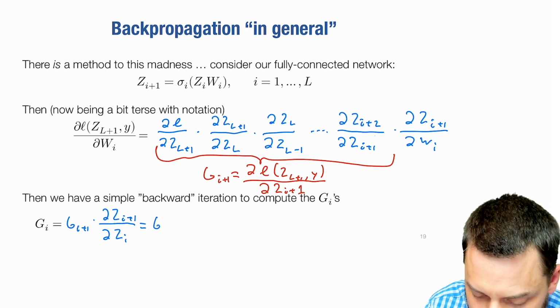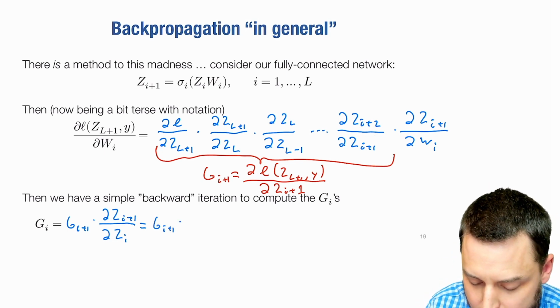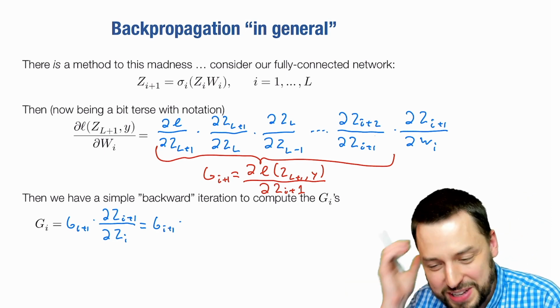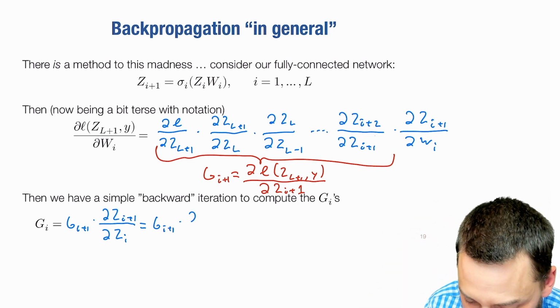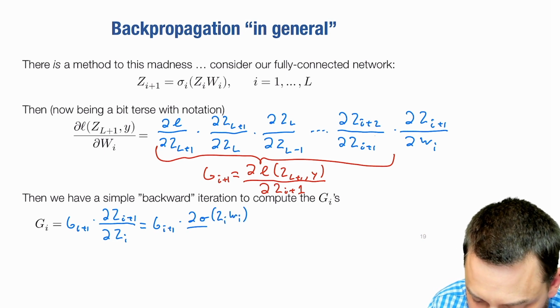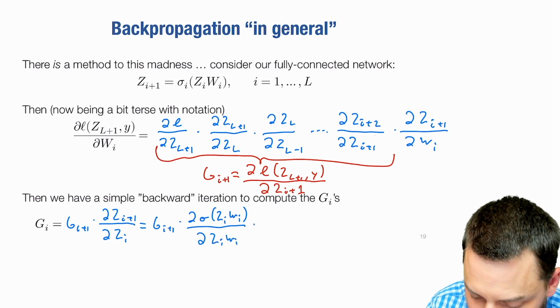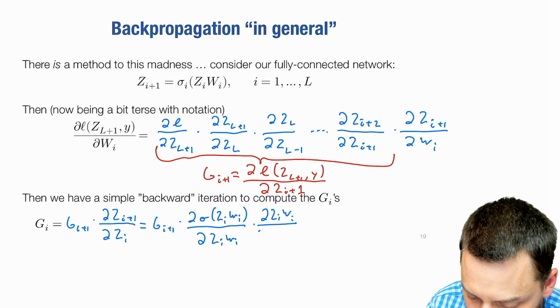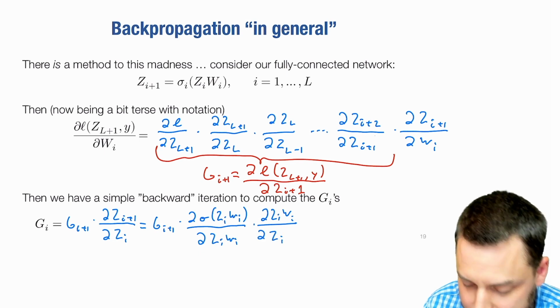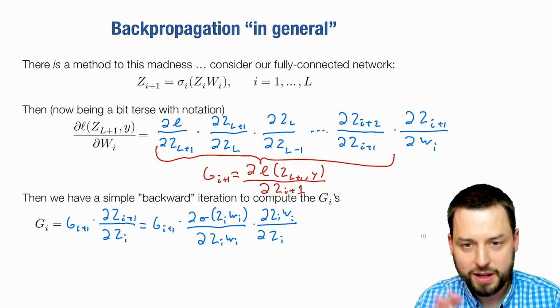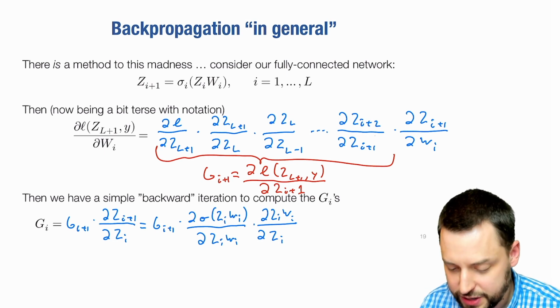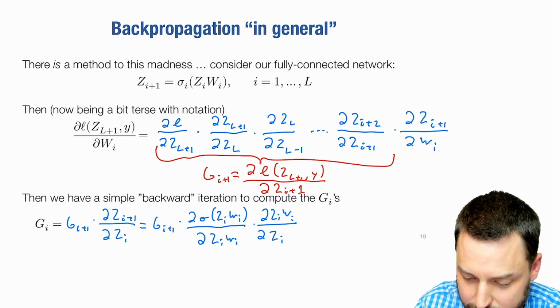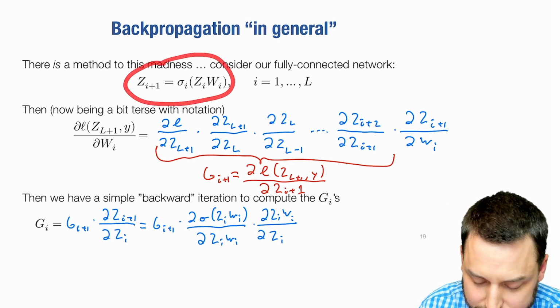So this would really be GI plus 1 times, well, we're going to apply the chain rule one time here, and we're going to get partial sigma of ZI WI, partial ZI WI, partial ZI. Okay, so that's just applying the chain rule to this expression here.